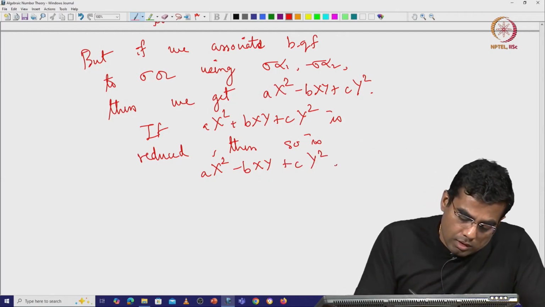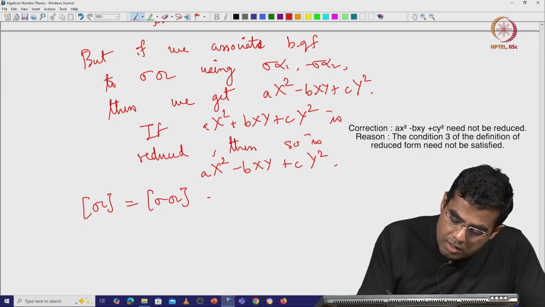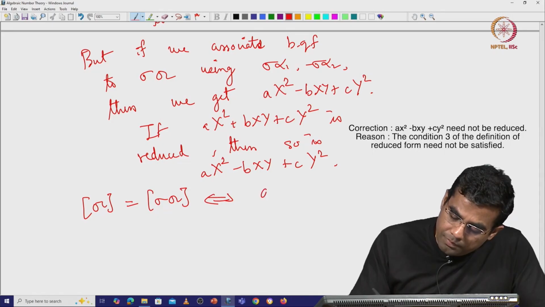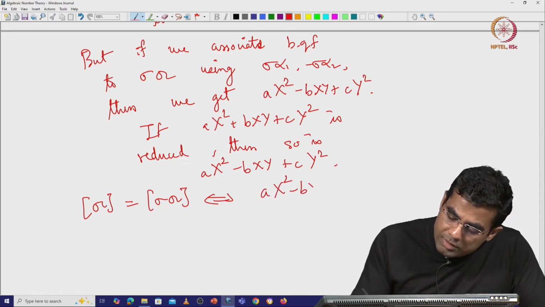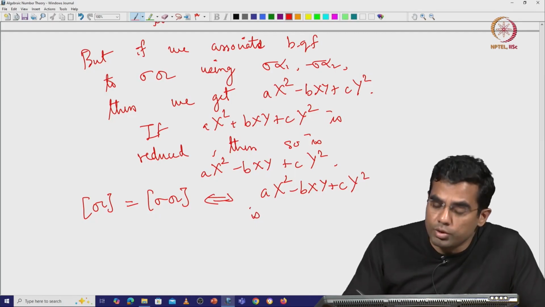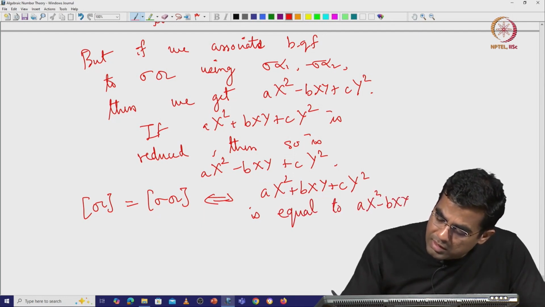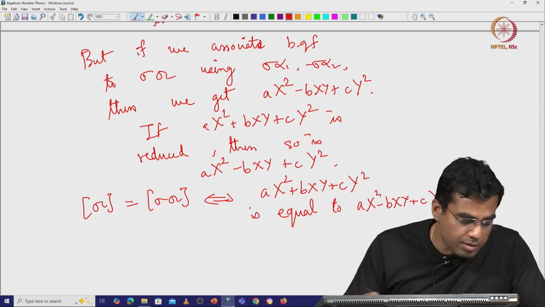All right. So, going back to our statement, A is equal to sigma A if and only if ax squared minus bxy plus cy squared is equivalent to, but they are both reduced, so is equal to ax squared plus bxy plus cy squared. It does not matter where I put the plus and minus.